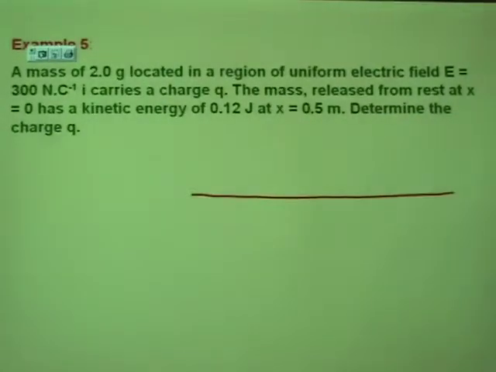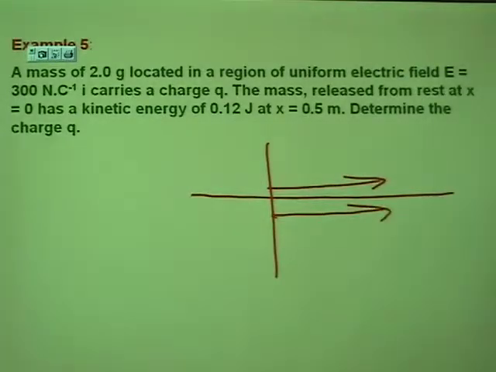Here is the origin. We have an electric field E equal to 300 Newton per Coulomb in the x direction, and you release an object at the origin, and we are told that in traveling a distance of x equal to 0.5 meter, it acquires a certain kinetic energy.